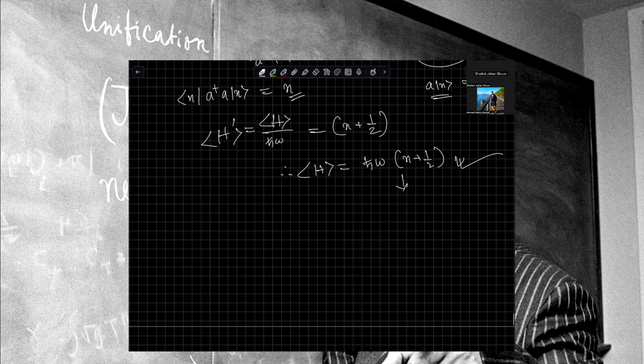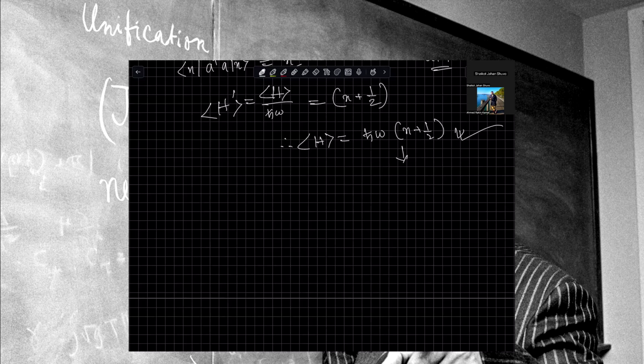But this creation and annihilation operator also helps you in determining expectation values of position and momentum. I told you that the energy expectation values are something like this, and you already found it. Pretty simple answer.